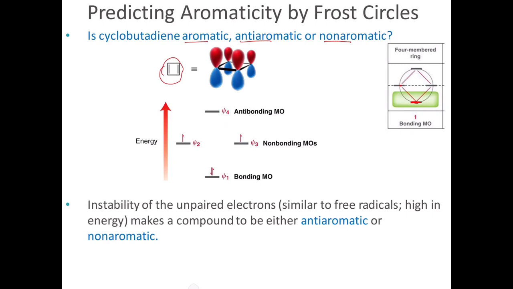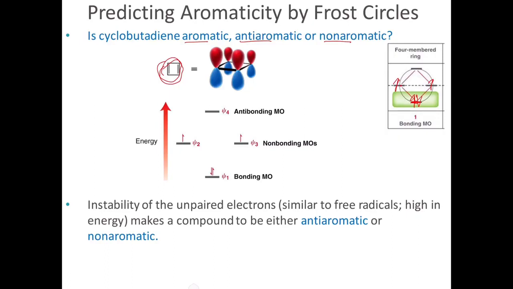Once we have the molecular orbitals, then we can fill them with the electrons. So what you do is, there's a total of 4 electrons, because we have 2 electron pairs, which means there are 4 electrons. So 1, 2, 3, each molecular orbital can have a total of 2 electrons.